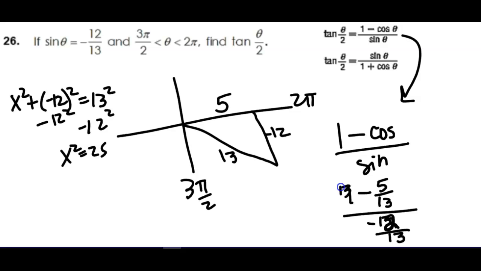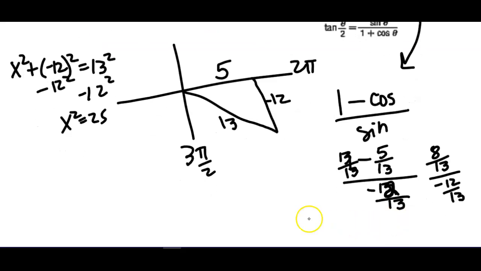Okay, if we make this 13/13 minus 5/13, we get 8/13 divided by -12/13. You can use your calculator, but it's 8/13 times the reciprocal. These will divide out. 8 over 12 reduces by 4 to 2 and 3.